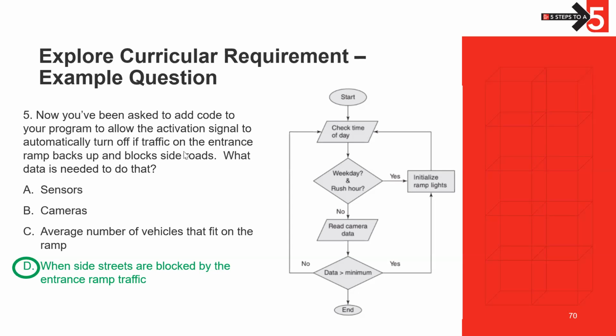And since we're looking for the amount of traffic on the ramp, we've got to know if the side roads are backed up. So that's the piece of data that we need to know, some type of sensor or camera data related to that to know like, oh, we're backing up side streets. We have too many, too slow of a cycle going, too many cars on here. So let's just turn off the signal for now.